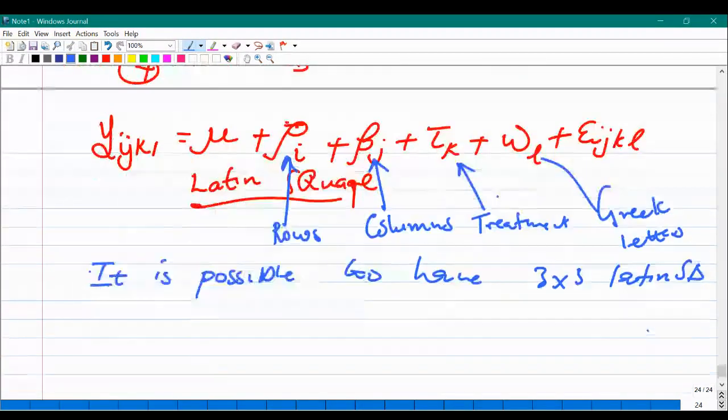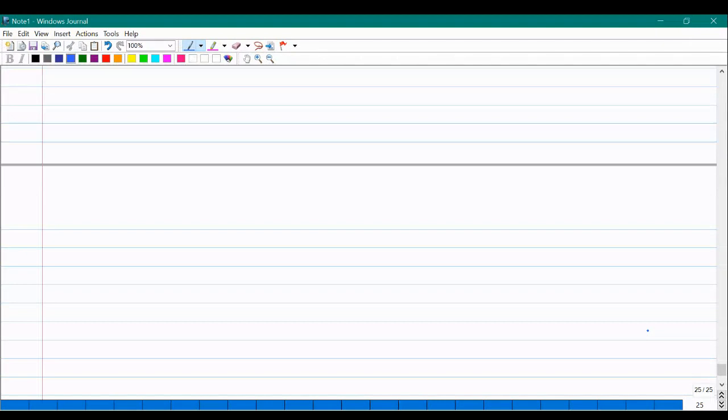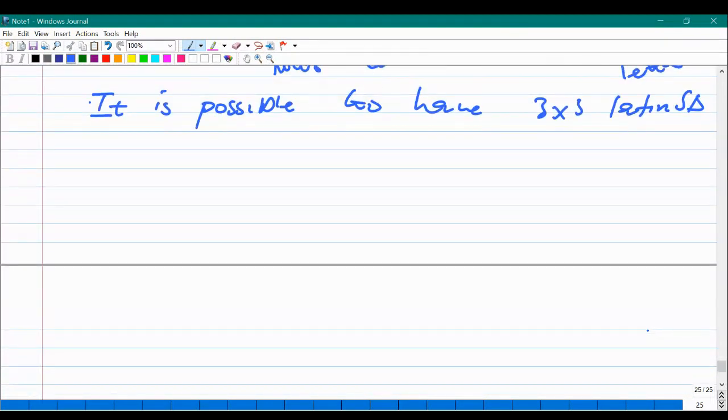This is my question, guys. I will give you the letters. Arrange them the way you want them. So suppose we have a 3 by 3 Latin. Is it possible to have a 3 by 3 Greco? Greco is very, very important. Greco-Latin square design. That is my question.